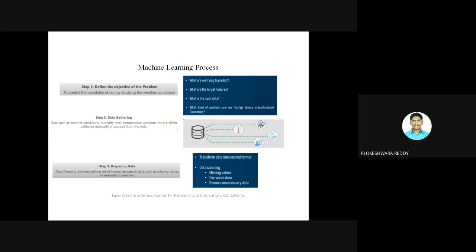That is, you need to identify the problem that is prevailing with a particular system or a particular type of process or mechanism. The first thing is you have to identify the objectives of the problem.